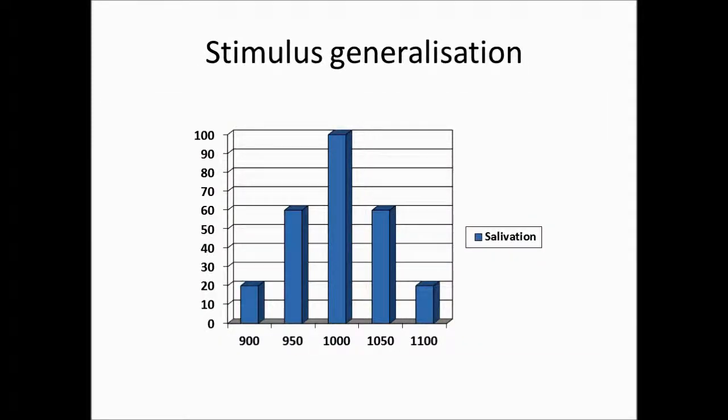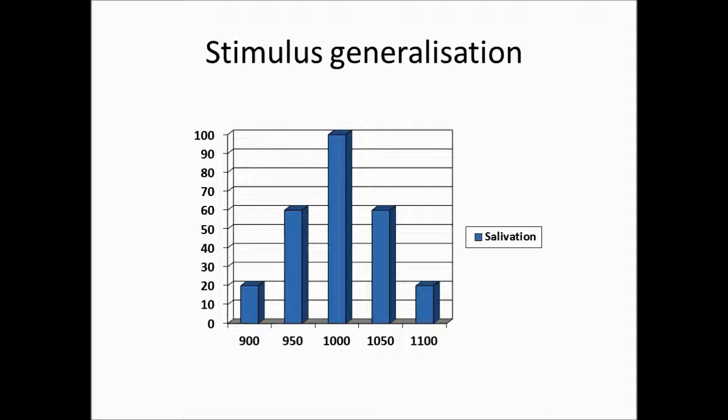Another concept that's really important to wrap your head around is stimulus generalization. So let's use an example of our dogs and their salivation, and imagine that down here is the tone, and this is 1000 hertz. Now what stimulus generalization says is that the response that you'll get is not limited just to a 1000 hertz tone.